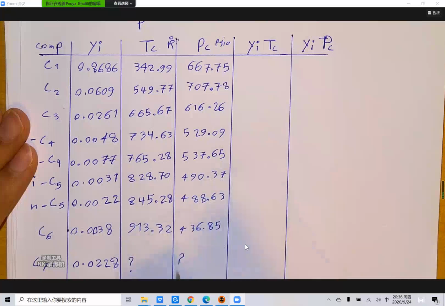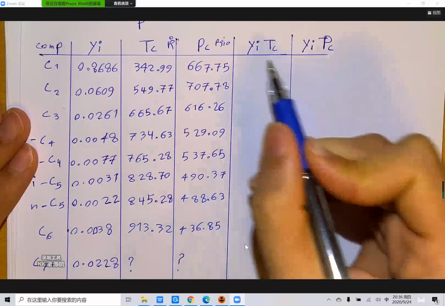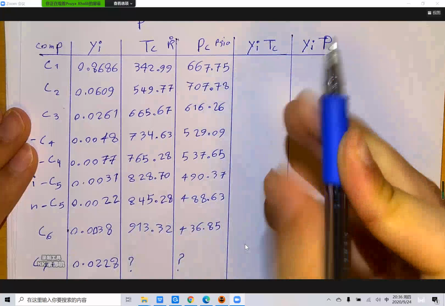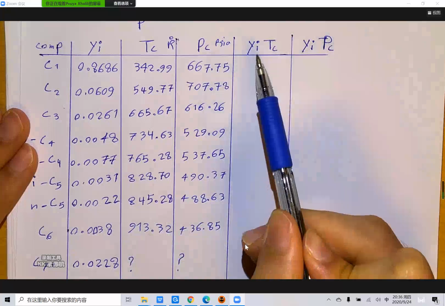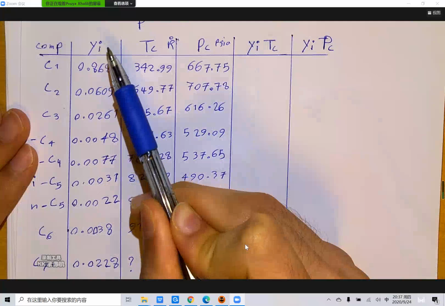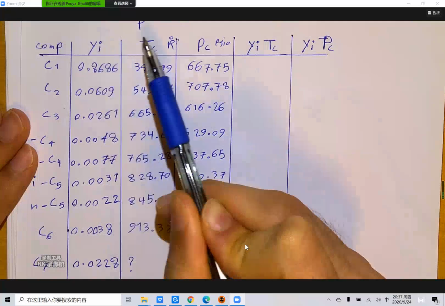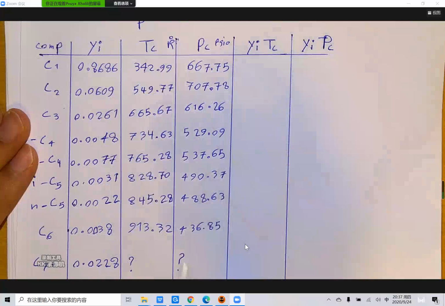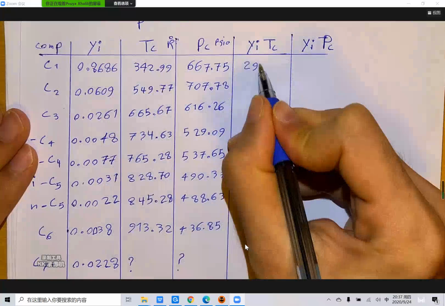Also, the critical pressure of C7 plus, we'll find it later. So multiplying the mole fraction by the critical temperature that we have here gives us the result.